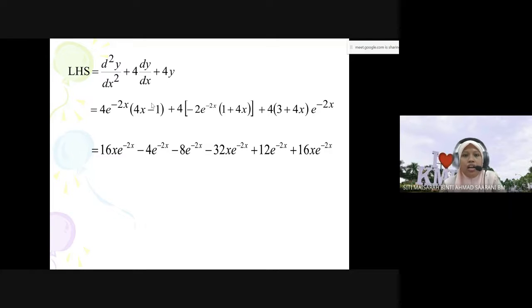Expand this one, and then expand this one. Okay, so then we get 16x e power negative 2x minus 4e negative 2x minus 8e negative 2x minus 32x e negative 2x plus 12e negative 2x plus 16x e negative 2x.